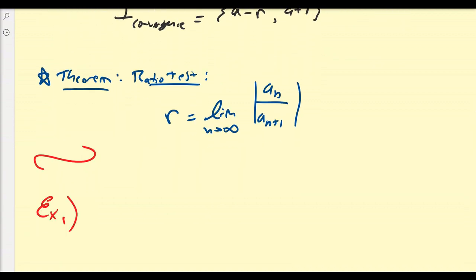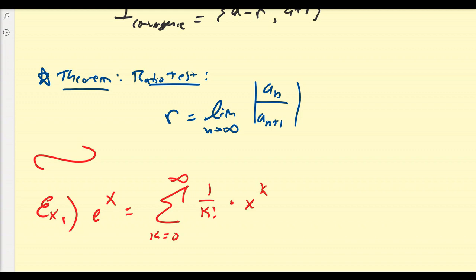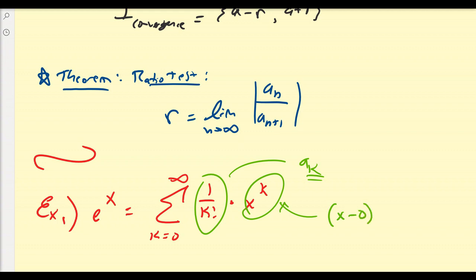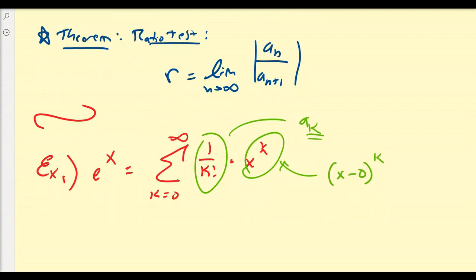So example 1. Suppose we have e to the x is equal to the sum from k is equal to 0 to infinity of 1 over k factorial times x to the k. So here, these are my constants for my Taylor series, and this expression tells me where it's centered around. It's centered around 0, the origin, so we don't really need to consider what a is.